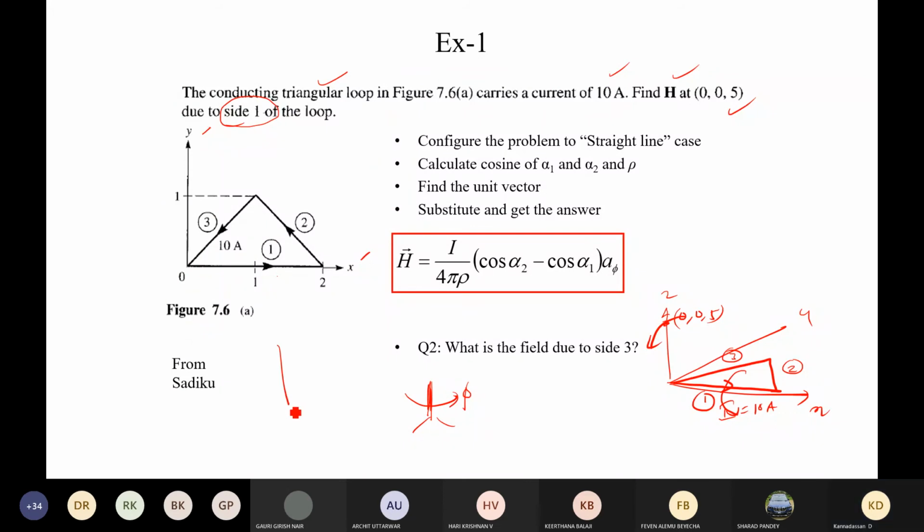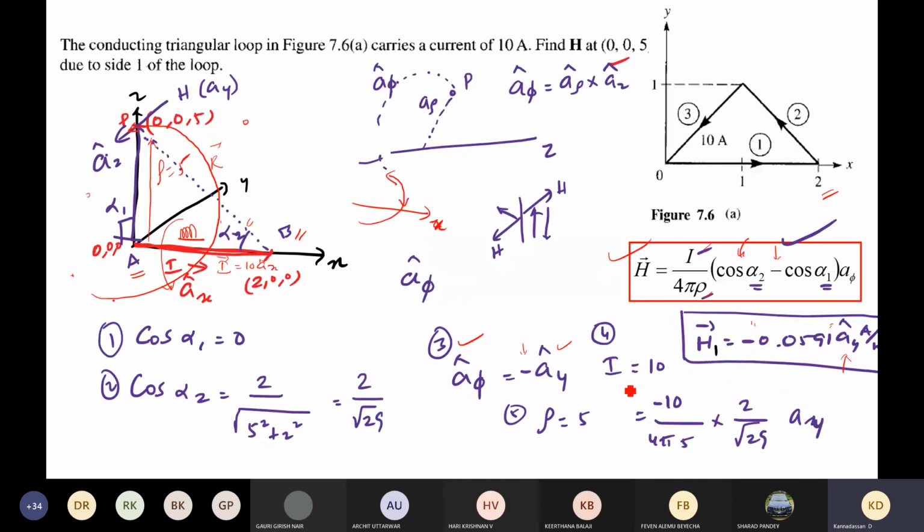These are the x, y, z axes, and the current is in this direction. You can draw the thumb rule, with the thumb and other fingers, so the magnetic field will go like this. You can see that this is the direction of the y vector, and this is the direction of the minus y vector. That is what gives the meaning of the negative. So that is what you have to keep in mind.